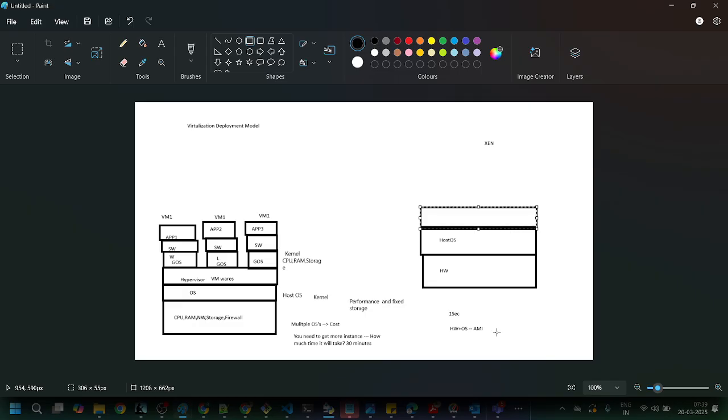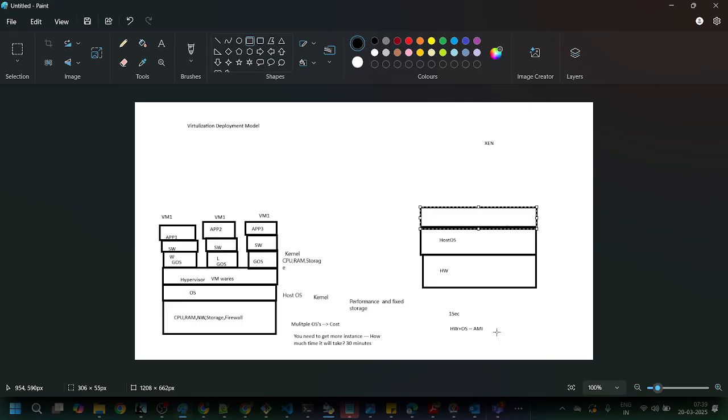Docker is a platform which provides your applications to run in an isolated manner, and it won't consume more resources. If you want to install your OS, it will not take more than 1 second. Within 1 second, your OS will come, install, and be up and running.